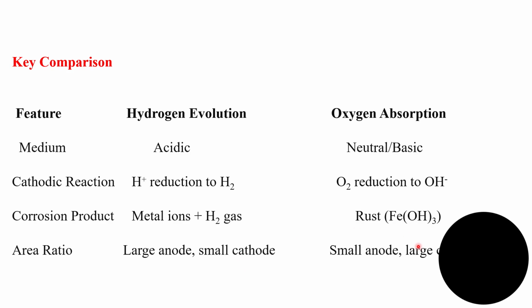However, when it comes to oxygen absorption, that is in the neutral or basic medium, you have seen that there's a small crack that would act as an anodic site. That's why it's a small anode, whereas you will see the large cathodic area in the neutral or basic medium. Therefore, one has to remember this simple comparison, how the hydrogen evolution takes place, whereas oxygen absorption in the neutral or basic medium would occur.